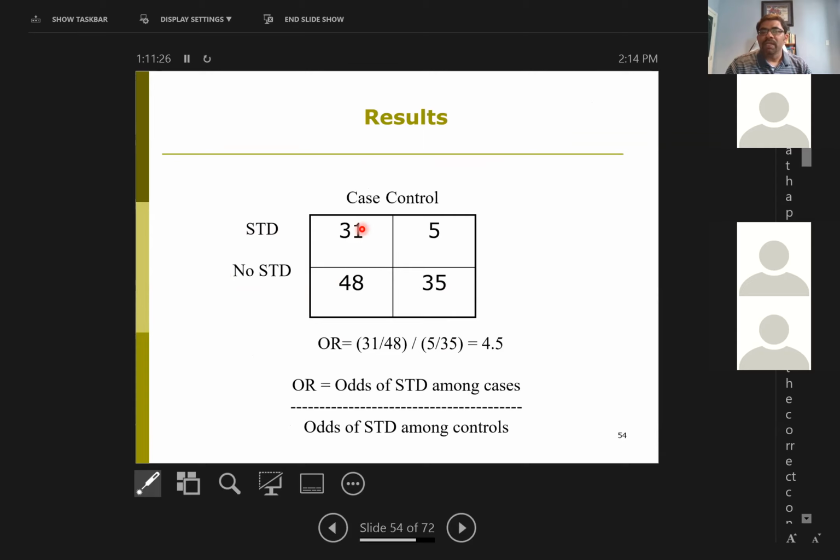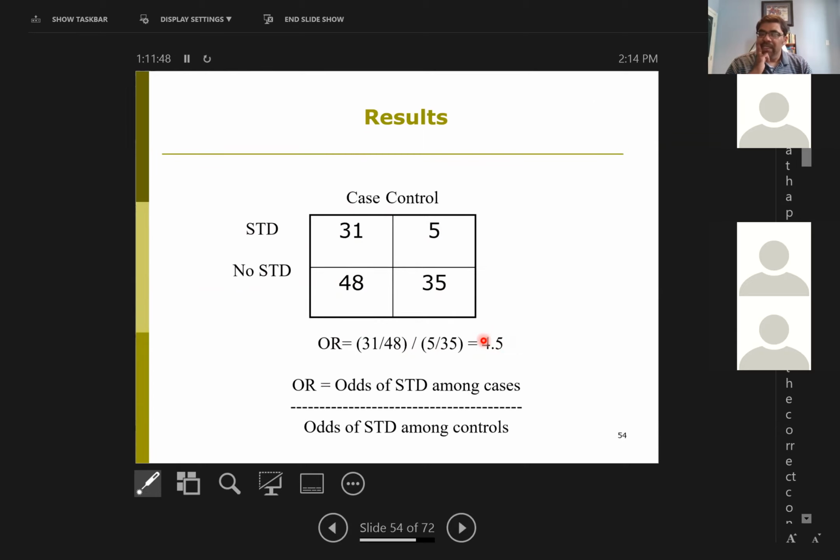And if you did the math, as you've heard from Ngozi's lectures, we can compute something called odds ratio: odds of smell and taste disorder among the cases divided by odds of smell and taste disorder if you are a control. You do the number crunching, and you get an odds ratio of almost 5.